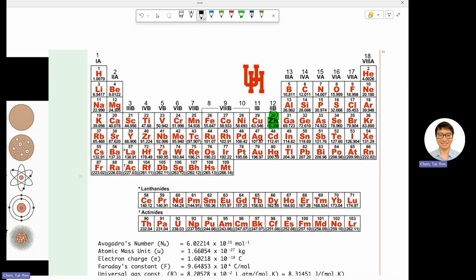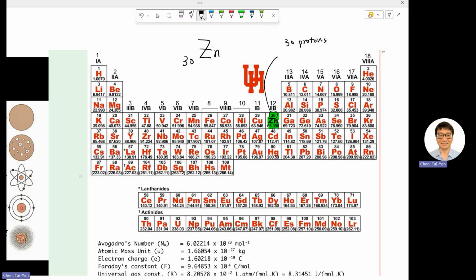You see that little 30? That little 30 is the atomic number of the atom. 30 means you have 30 protons. Therefore, when you write your symbol, you write zinc and write 30 over here.